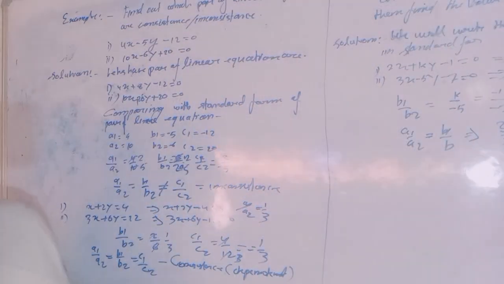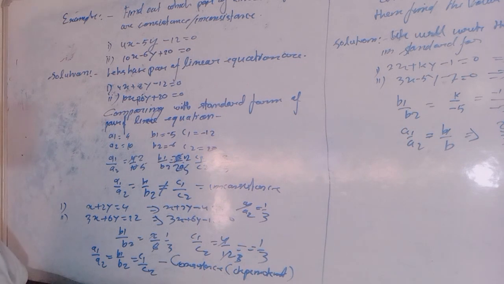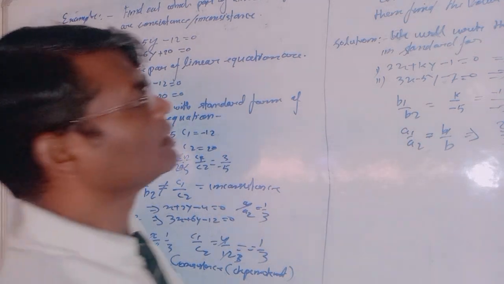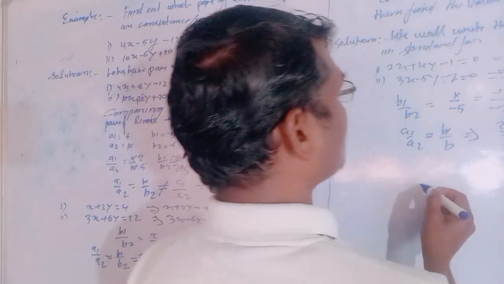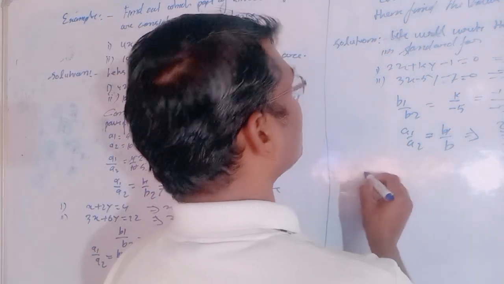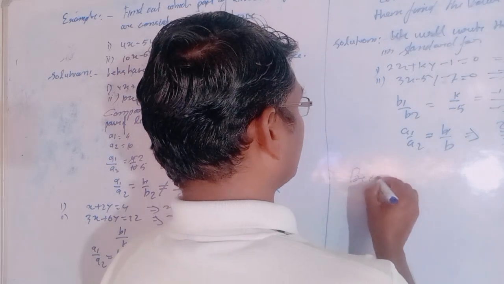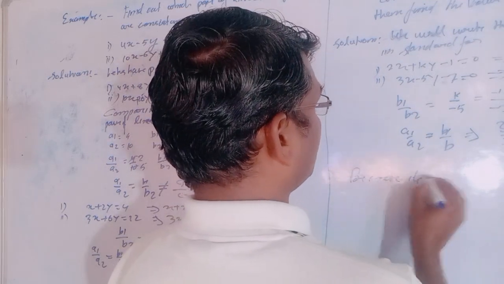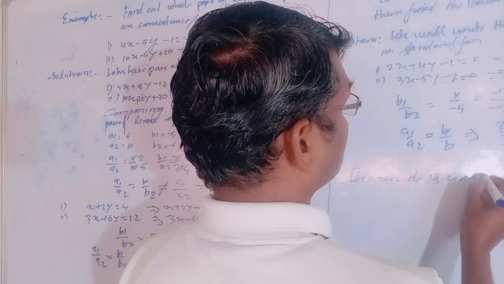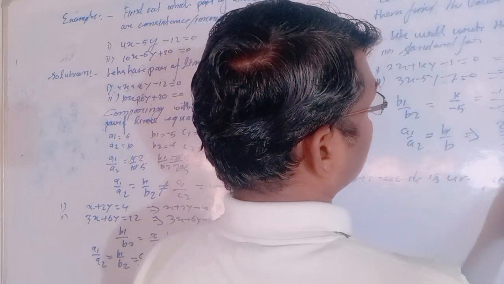So the given equations have a unique solution for all values of k except minus 10 by 3, because then it is a unique solution.